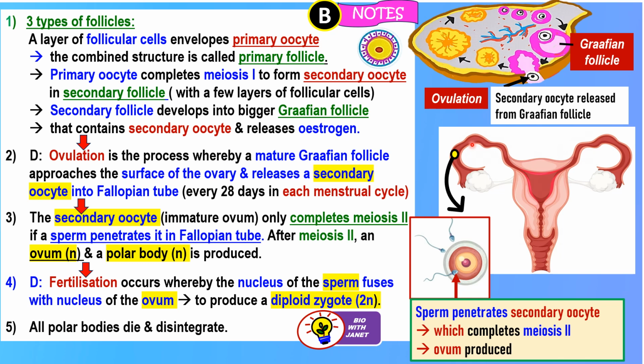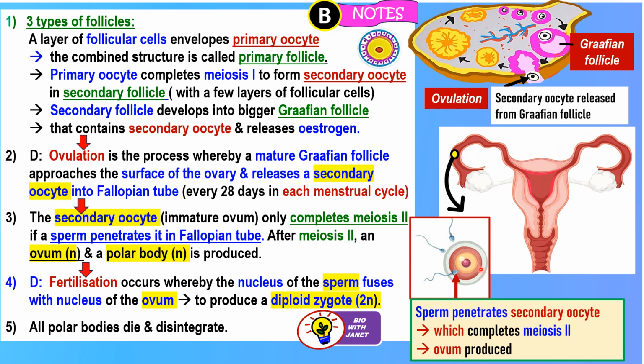So this secondary oocyte or immature ovum only completes meiosis 2 if a sperm penetrates it in the fallopian tube. Because the secondary oocyte was at the stage of metaphase 2. But if a sperm penetrates it in the fallopian tube, then it will complete meiosis 2, and after that, an ovum and a polar body will be formed.